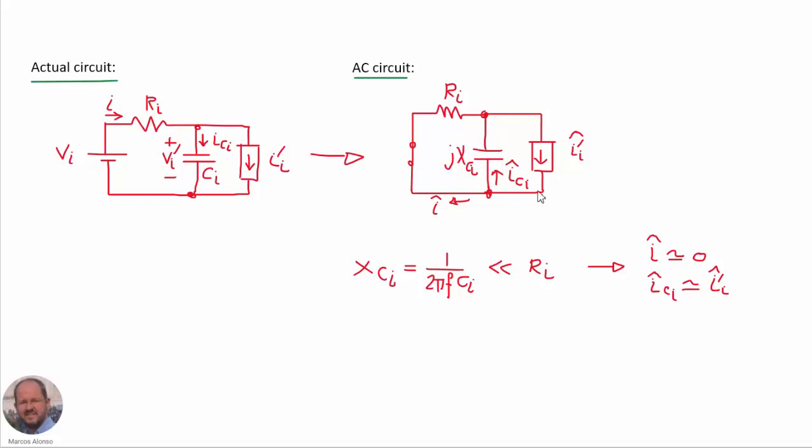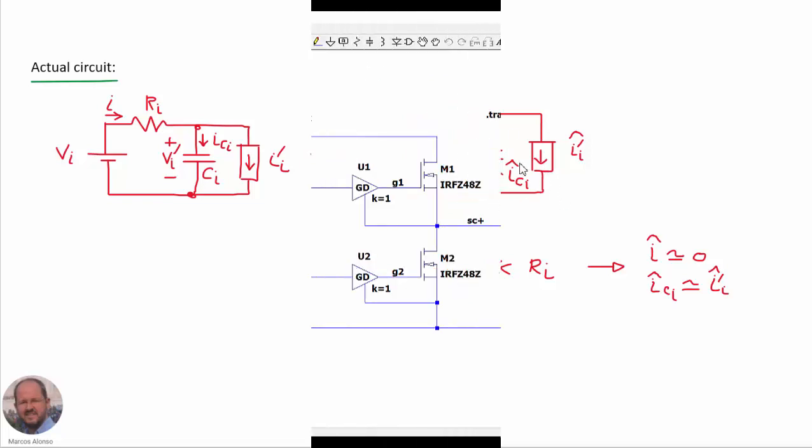So we can analyze this circuit for each harmonic. Because usually the impedance of the input capacitance is much lower than the value of the resistance Ri, we can consider that the AC current circulating through the input is going to be almost zero, so that all the AC components are circulating through the input capacitor.